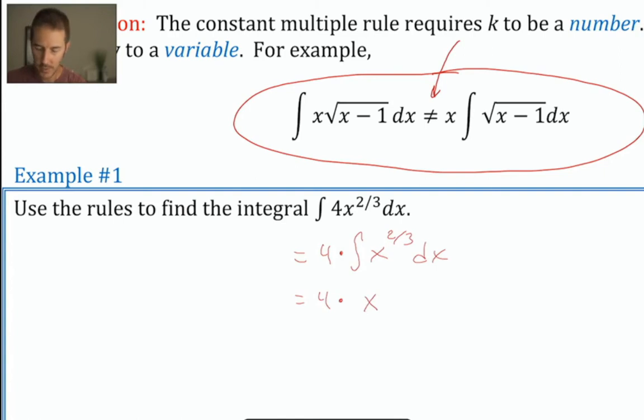I'm going to increase the exponent by 1, adding 3/3 to the exponent makes it x to the 5/3. We then have to divide by the new exponent, so dividing by 5/3, and don't forget to put your plus c. Now the 4 should multiply into the entire resulting integral.